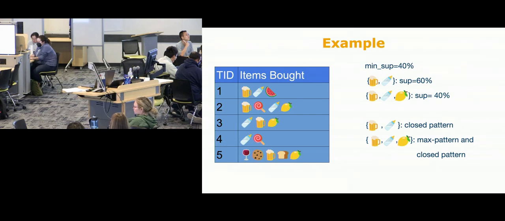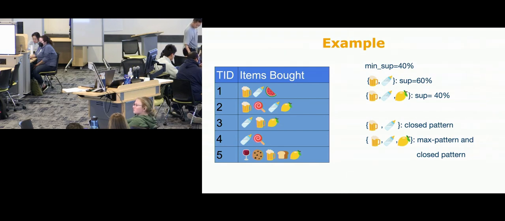And then milk, beer, and lemon is both a max pattern and a closed pattern. First of all, let's see how it's a closed pattern. It's a closed pattern because there is no superset of milk, beer, and lemon that has at least as much support as that 3-item set, right?